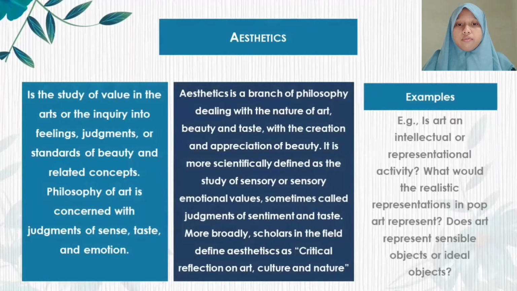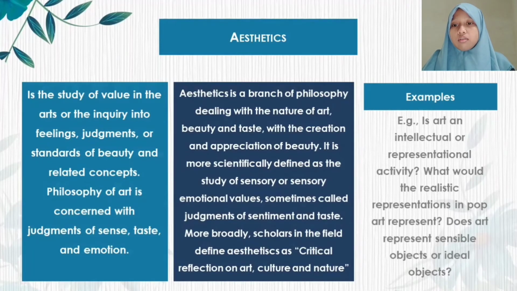More broadly, scholars in a while define aesthetics as critical reflection on art, culture, and nature. Aesthetics is the study of value in art, of the inquiry into feelings, judgment, or standards of beauty and related concepts.